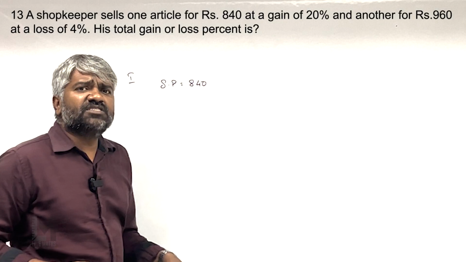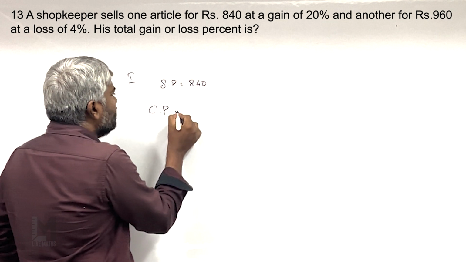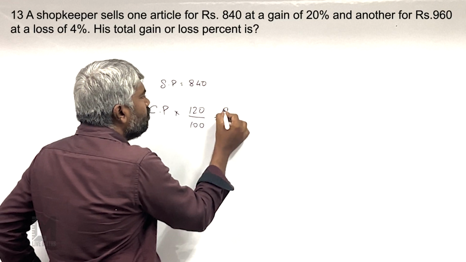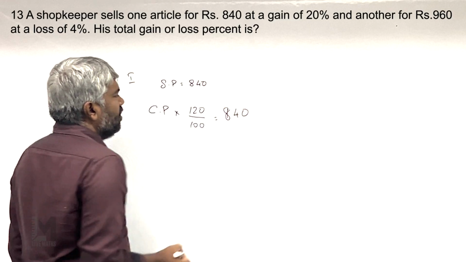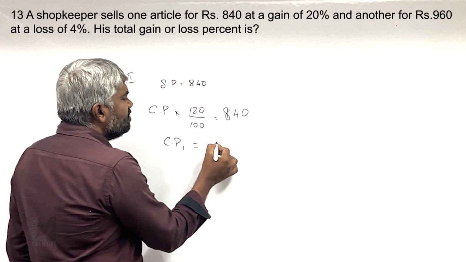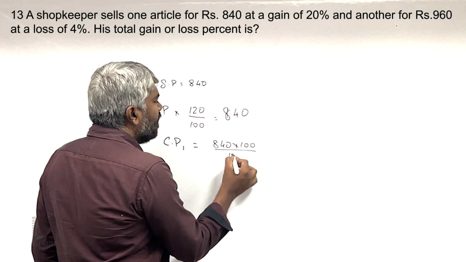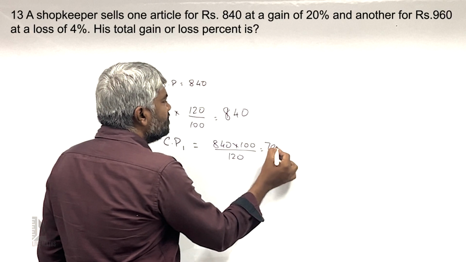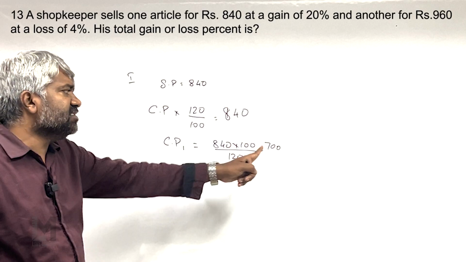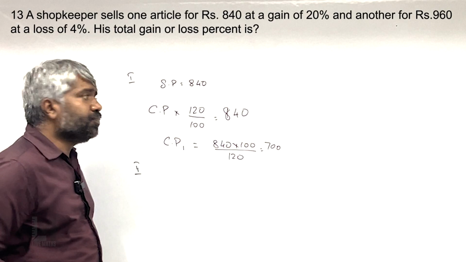In this, he makes a profit of 20%, right? Cost price into 120 by 100 equals 840. Now, you can find the cost price of the first article, which is 840 into 100 by 120, which is 700. So, the cost price of the first article is 700 rupees. Now the second product, right?